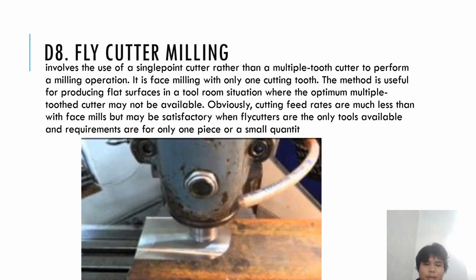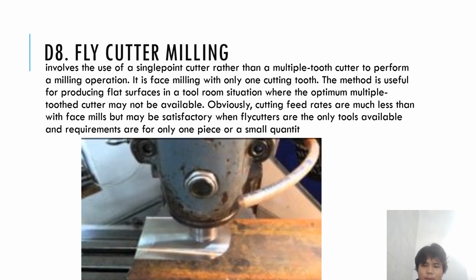So I have the video example for the fly cutter. This is the work part. So you put the cutter on the milling machine, and you lock it.